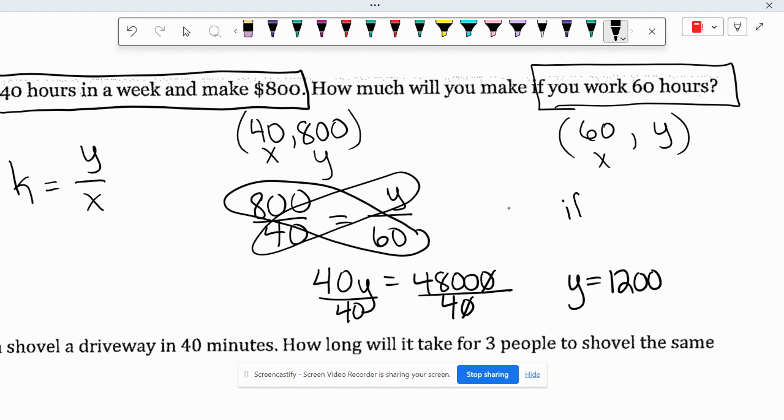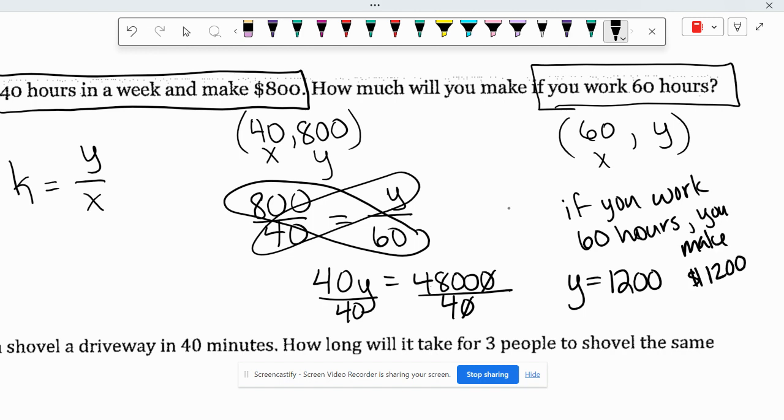So if you work 60 hours, you make $1,200. Okay. The more you work, the more you make. Direct variation.